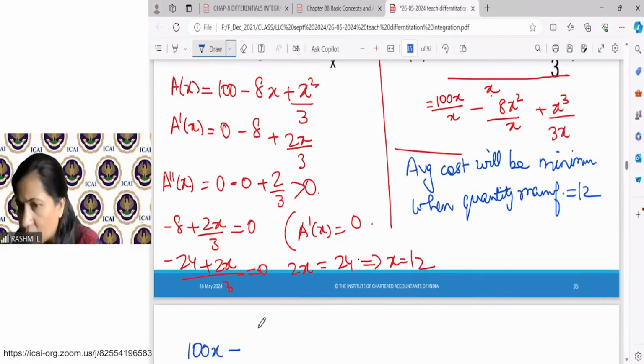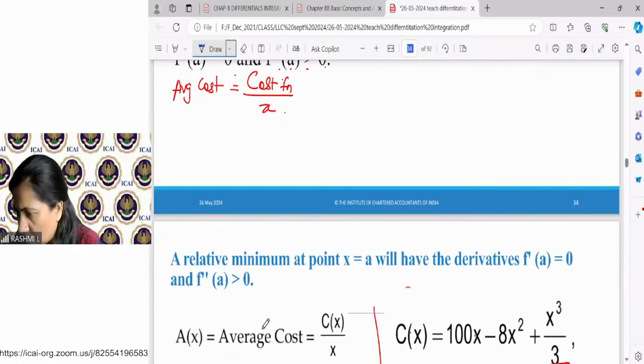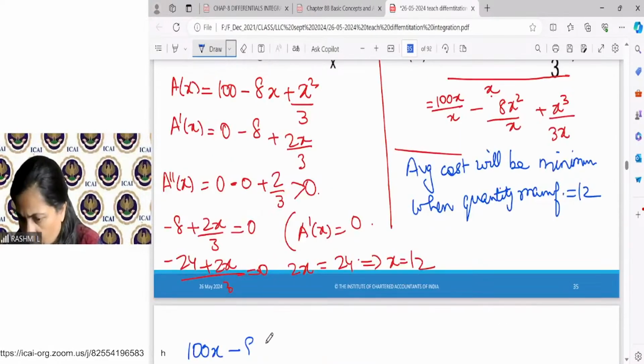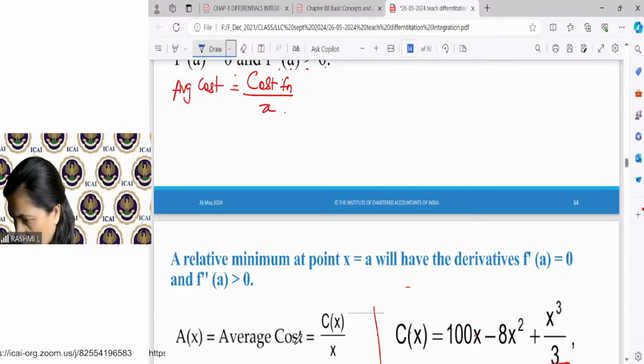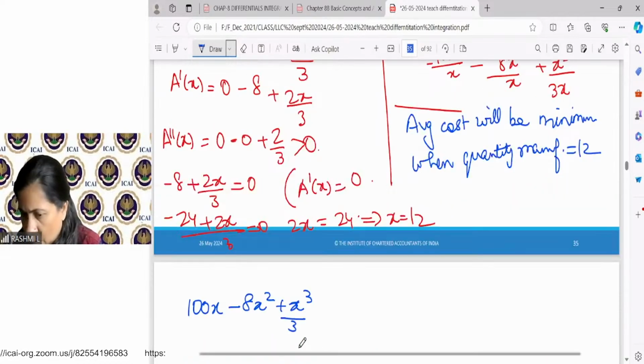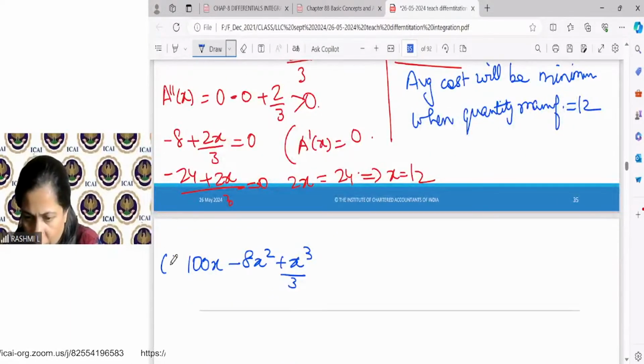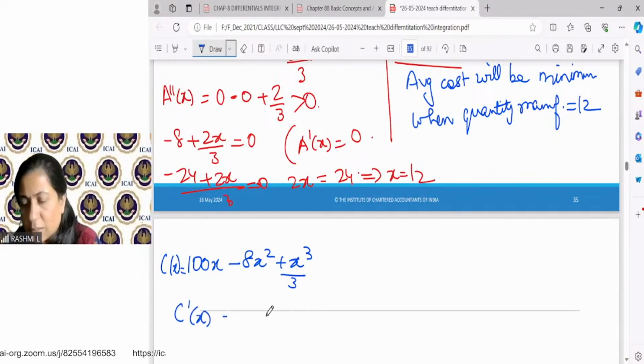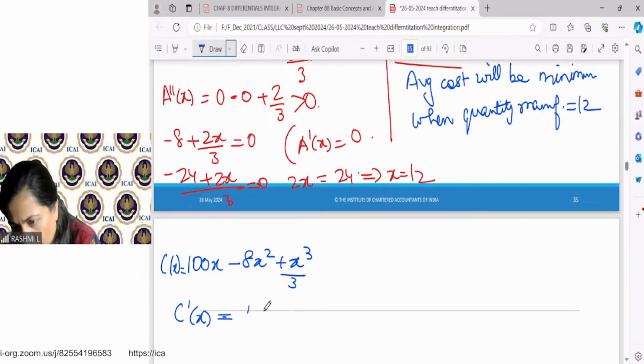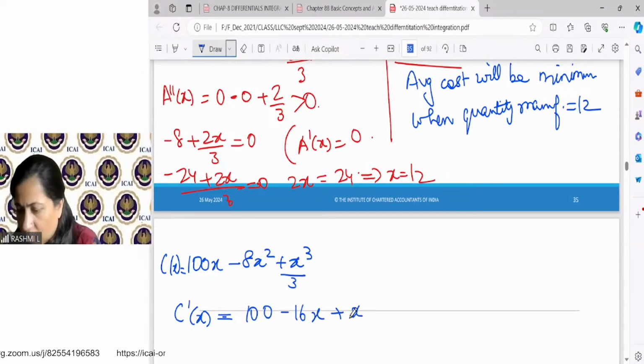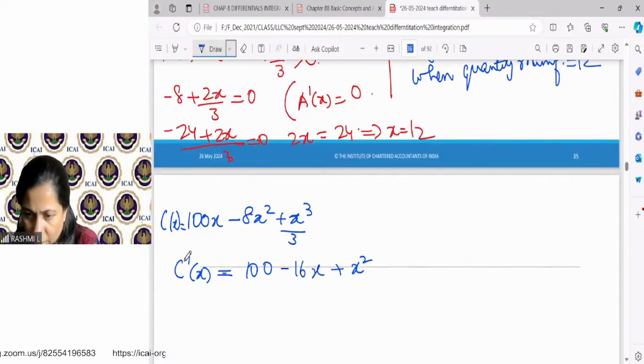100x minus 8x square plus x cube upon 3. So this is my Cx. I'm just revising. C dash x is equal to 100 minus 16x plus x square. What will be my C double dash x?